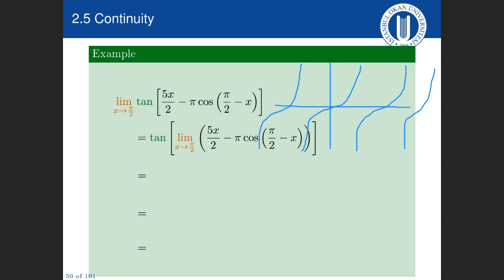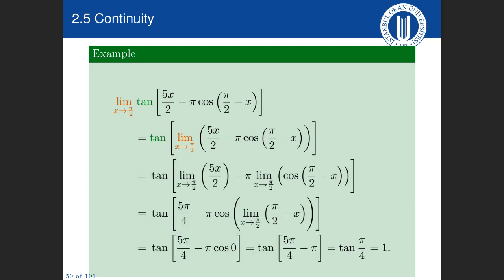I'm not going to do the details here. I'll leave that for you to think about. Think about why we're not at one of these discontinuities of tan. Assuming that we're not there, we can swap limit with tan. Instead of limit of tan, we can write tan of limit. And then the ideas are the same as the previous example.